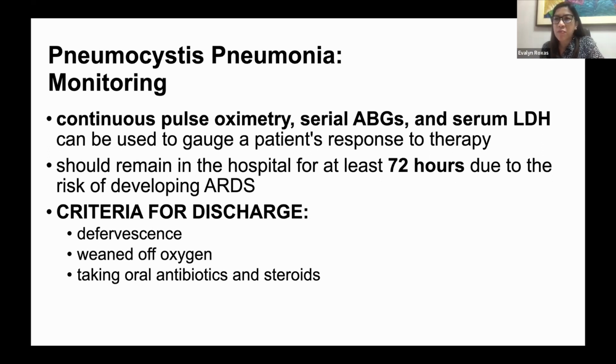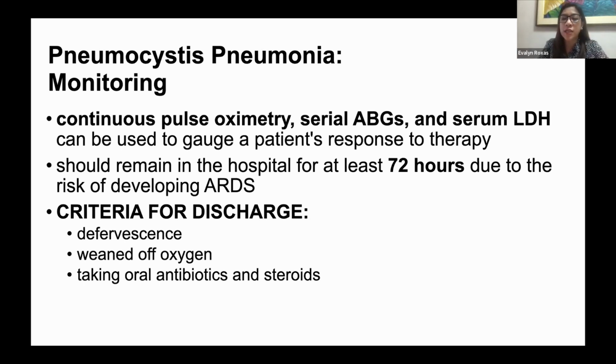PCP pneumonia patients should be admitted to the hospital for at least 72 hours due to the risk of developing acute respiratory distress syndrome, or ARDS. Eventually, if the patient clinically improves, it depends on the judgment of the attending, but some criteria we can check are whether there is defervescence and the patient is not febrile, and whether the patient is weaned off oxygen.